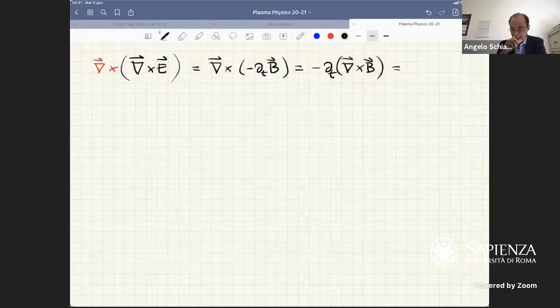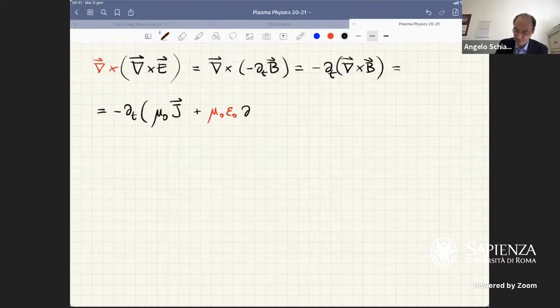So we substitute for B, and in this case we eliminate B, and we retain only terms with the electric field and the current density J. So we have minus time derivative, and we plug in mu naught J, the Ampere's law, and then we can write, in a different color, mu naught epsilon naught, time derivative of the electric field.